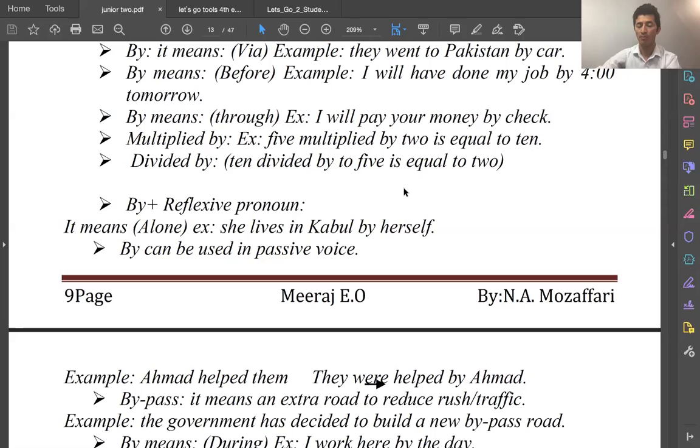So you use by plus objective pronoun at the end of sentences in passive voice. Or you can say they will be helped by us. This class will be taught by me. The homework will be done by you.